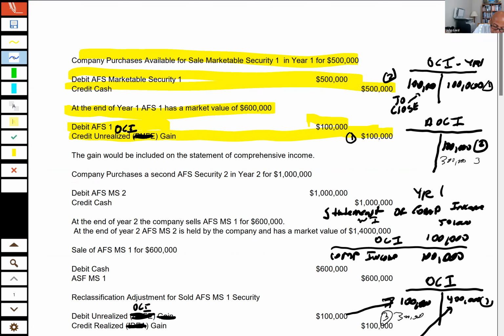Okay, so when I look at my year one statement of comprehensive income, and I just made up, guys, this 50,000 is the net income. I then, as I report my OCI items, my other comprehensive income items, I will put the 100,000. That's what? That's that item right there. Okay, I went ahead and I credited my other comprehensive income, right?